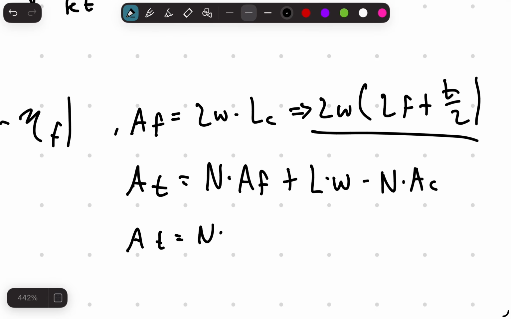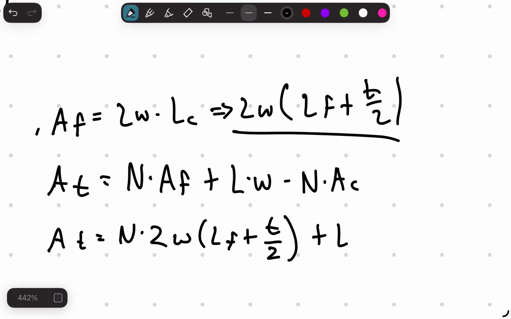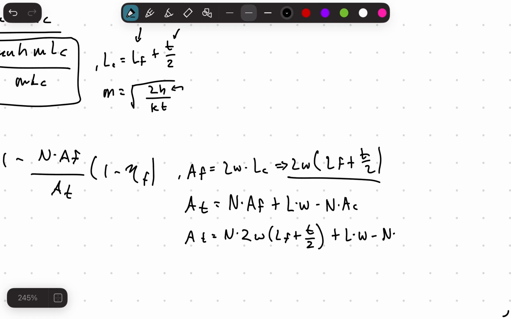You can rewrite it if you want, but I don't think you would have to, but I'll just rewrite it. Plus the length times width, and then minus the number of fins times the cross-section area of the fin.